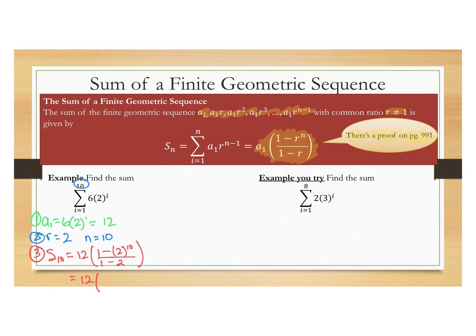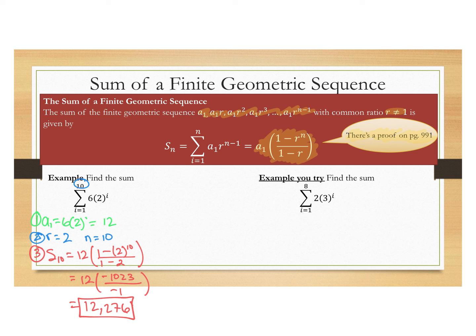So 1 minus 2 to the 10th is negative 1,023, and over 1 minus 2, which is negative 1. So we would just take 12 times 1,023, because a negative divided by a negative is a positive, and get 12,276. So remember, in the very first part of the unit, we would write out our sums and then add them together. That way would also work.